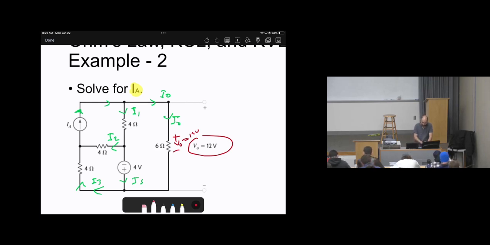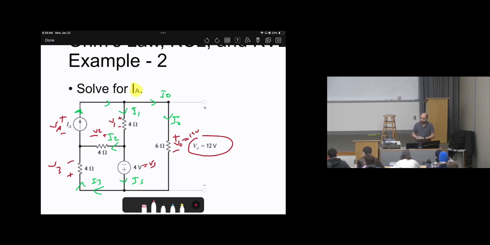because it's in parallel. Now for IA, plus minus VA, this is V source, and here plus minus V3, plus minus V2, plus minus V1. Then now I have all of the current directions and all of the voltage polarities.